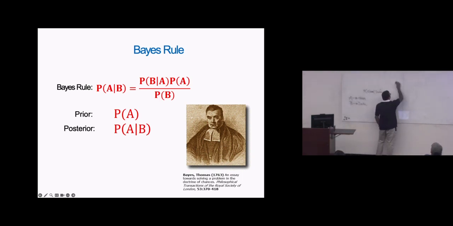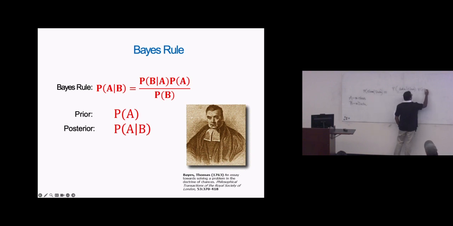And then we basically say probability of data given class, probability of class, probability of data.